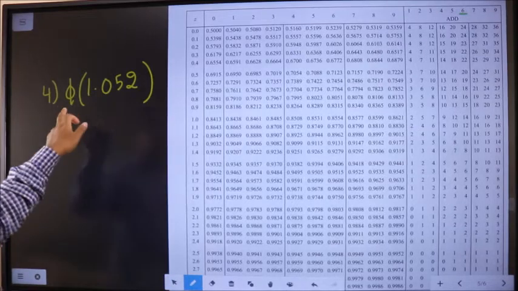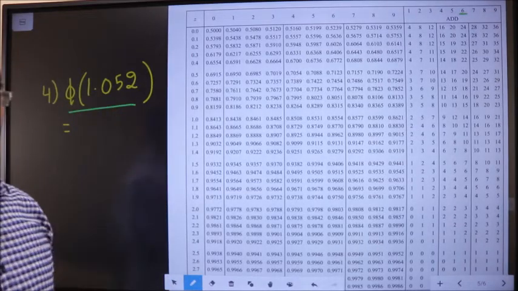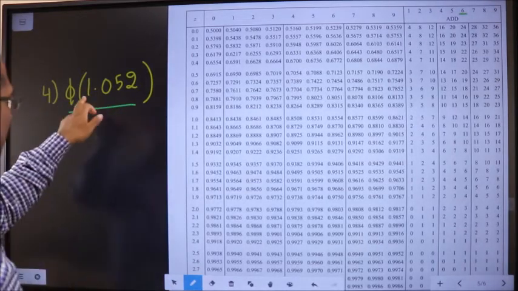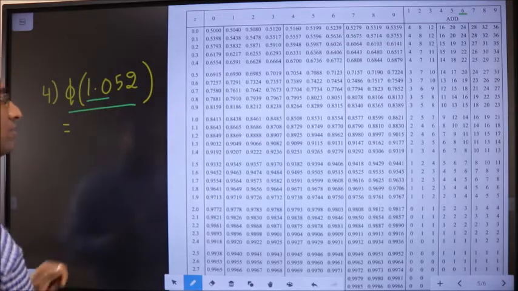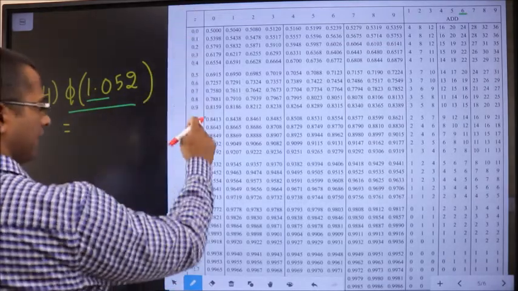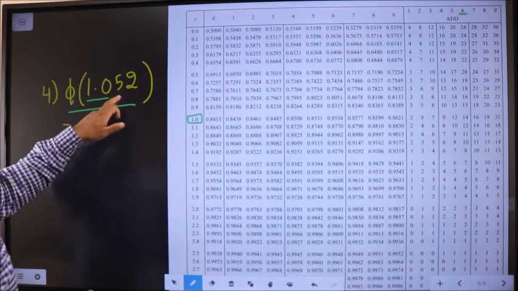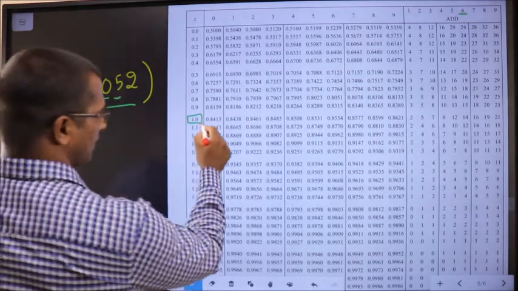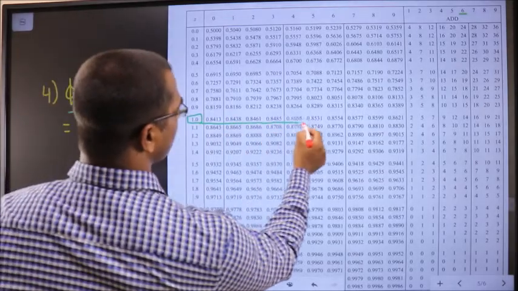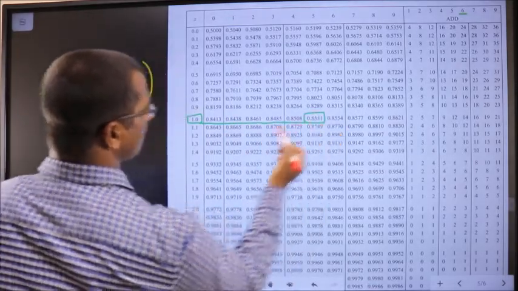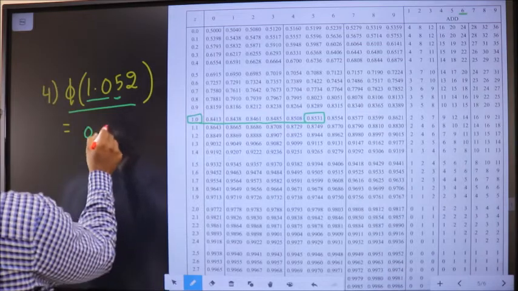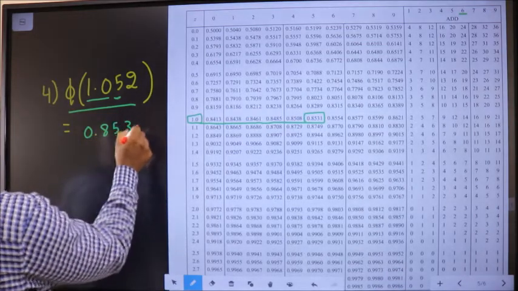Next, phi of 1.052. How do we find? Look here 1.0. In the first column, where do you see 1.0 here? Next digit is 5. So in the same row, stop at the fifth position, that is 0.8531.